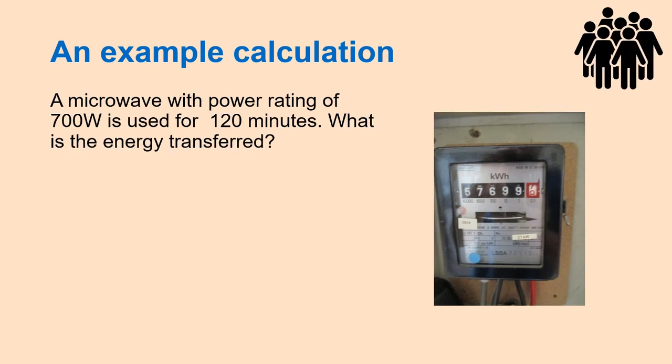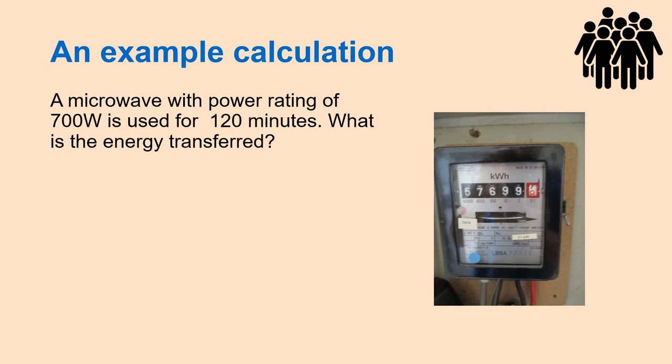Pause the video and have a go at this, remembering that energy equals power times by time in hours. So you're going to have to transfer the minutes to hours.